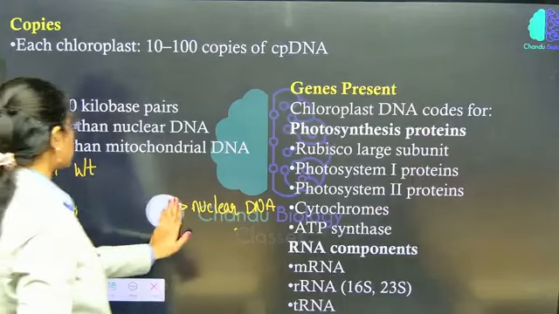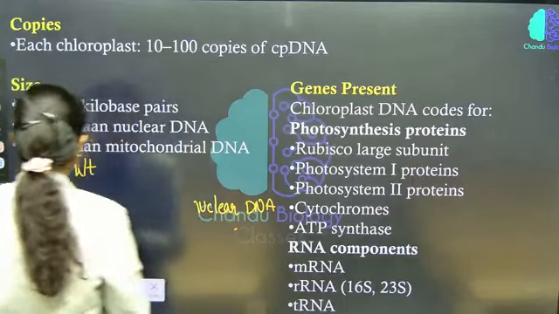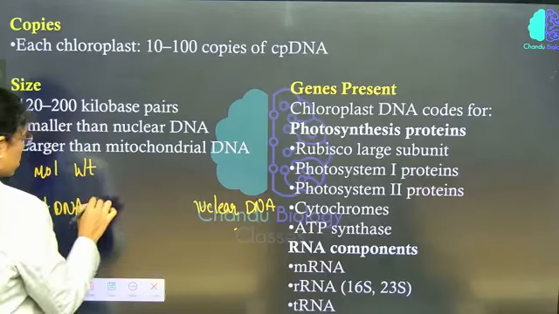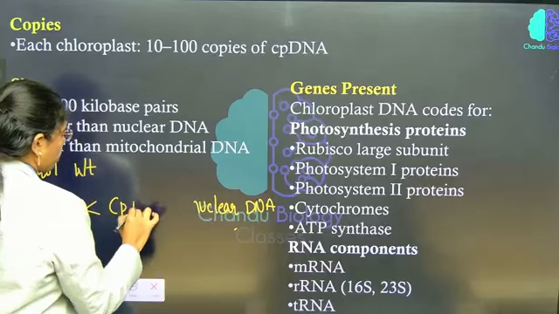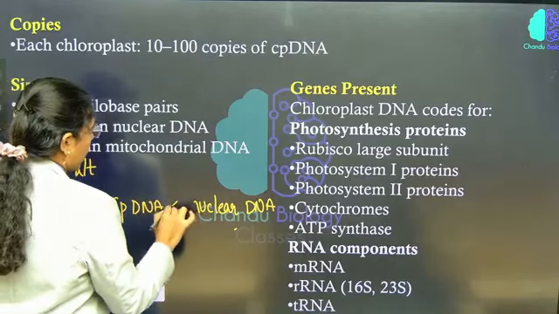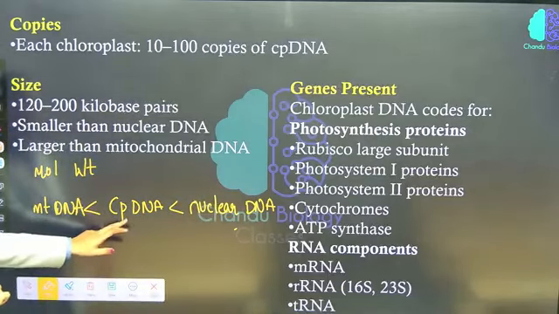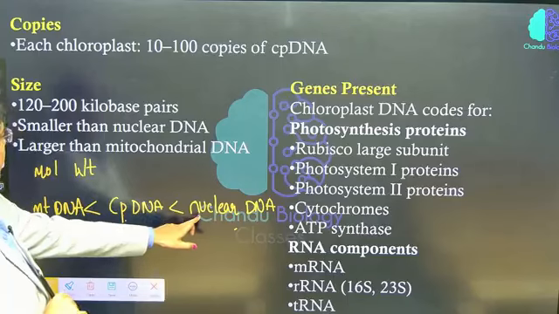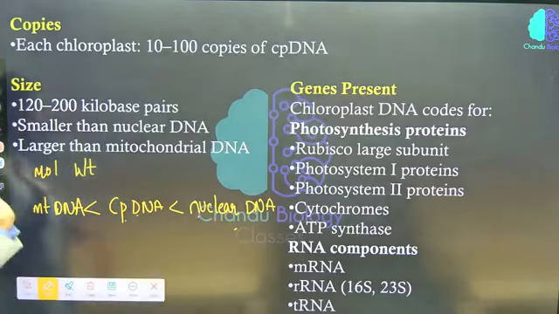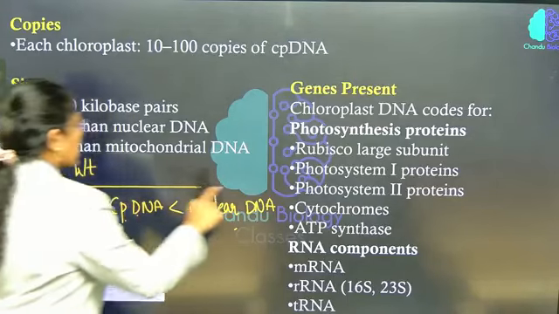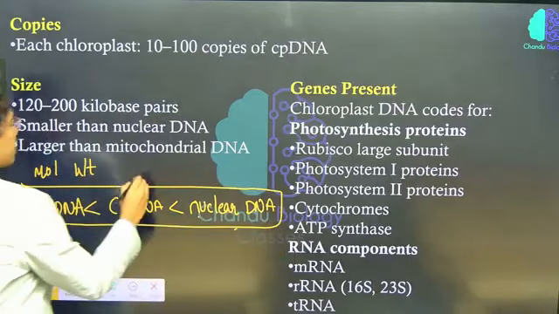Nuclear DNA is of larger content. Chloroplast DNA is smaller than nuclear DNA, but it is larger than mitochondrial DNA. Clear, right? This is the ascending order. Remember, very important.